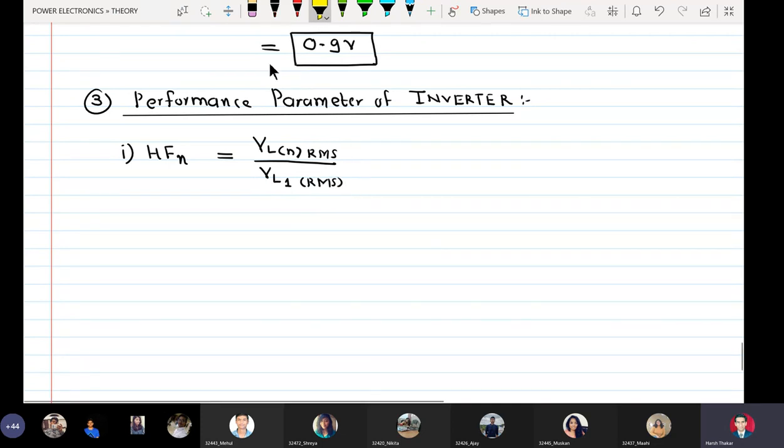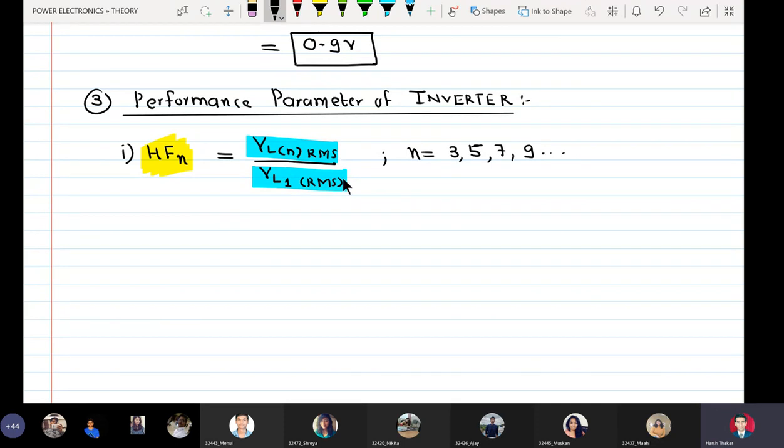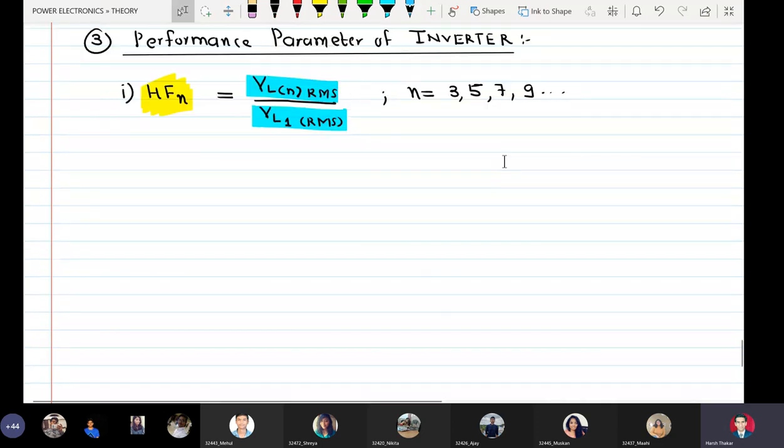So the harmonic factor for the nth harmonic is equal to VLN RMS upon VL1 RMS, where n equal to 3, 5, 7, 9, etc. We cannot keep n equal to 1, because then it will become VL1 RMS upon VL1 RMS equal to 1, which is not acceptable. So for this formula, n starts from 3. That is the first odd harmonic in the system.